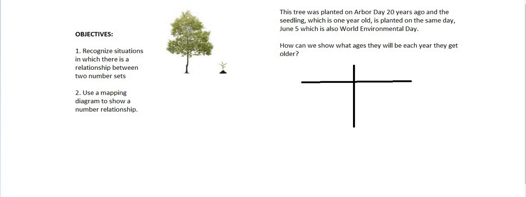What age was the tree on June 5th, the same day 20 years ago? All right, so we're going to start by having a column with the age of the tree. And then we're going to have another column with the age of the seedling.